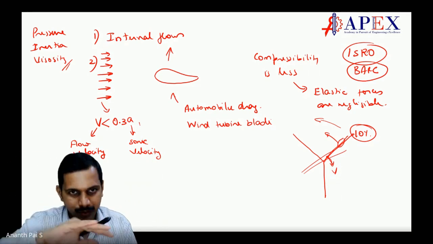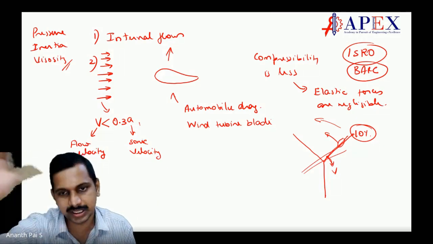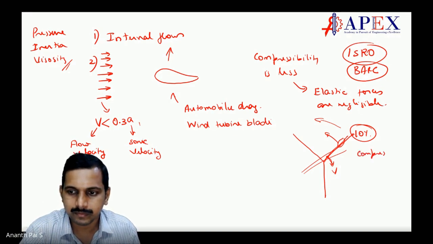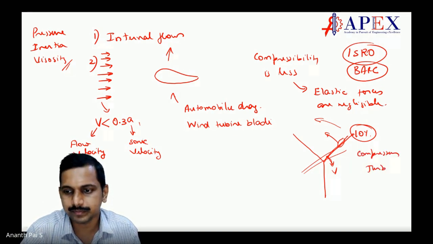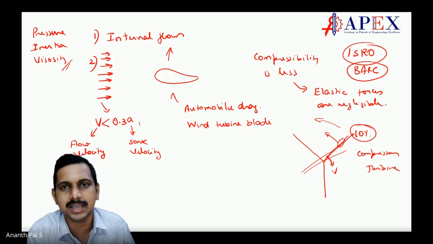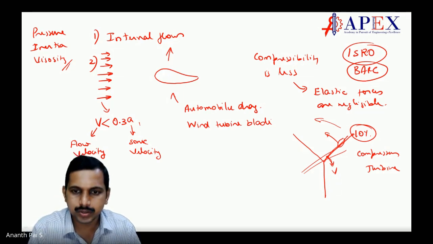That's why you use these 3-dimensional blades. It's not a 1-dimensional blade, it's a 3-dimensional blade. A similar thing happens in compressors and turbines. So that is the second case.